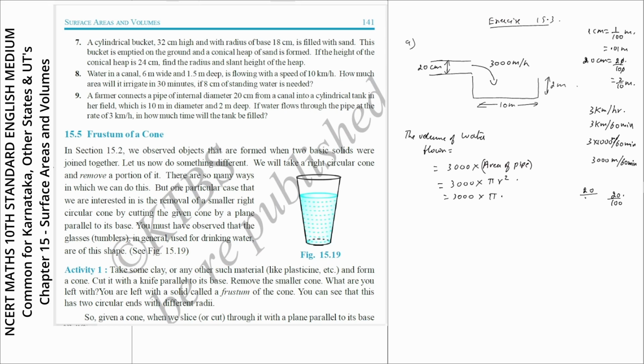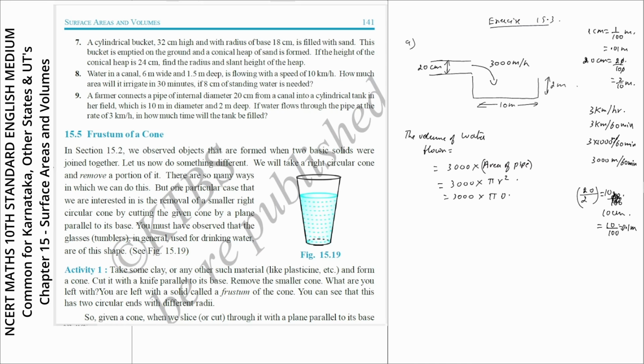Half of 20 is 20 by 2, which is equal to 10 centimeter. 10 centimeter is 10 by 100, which is equal to 0.1 meter.